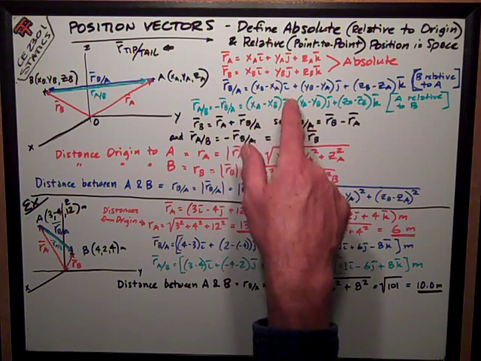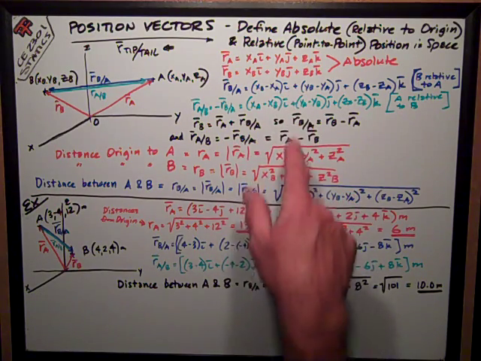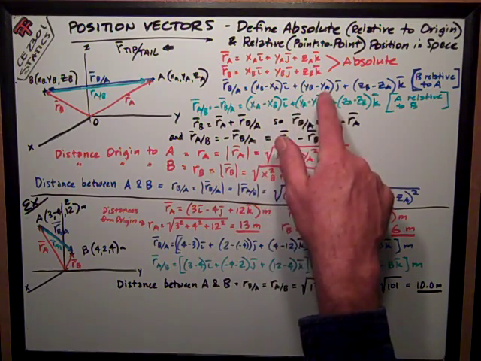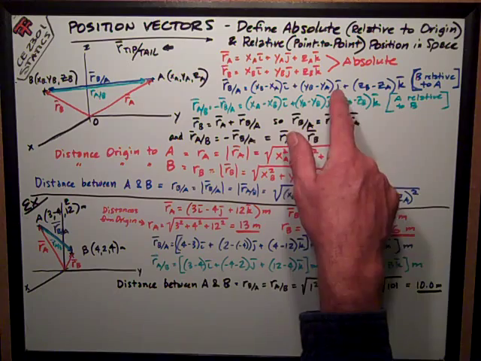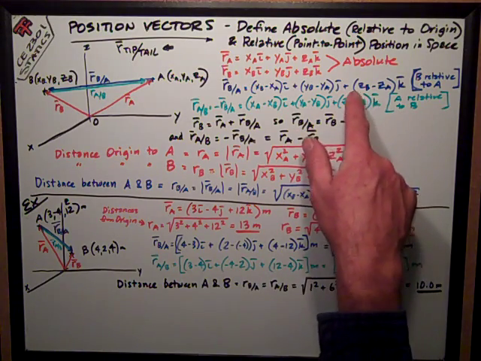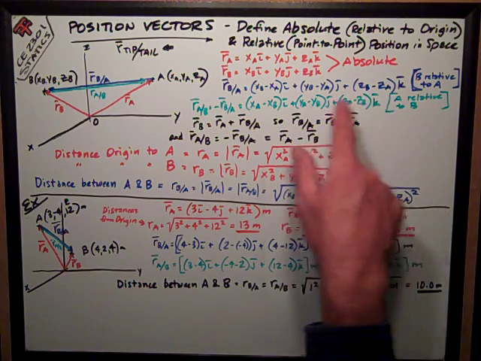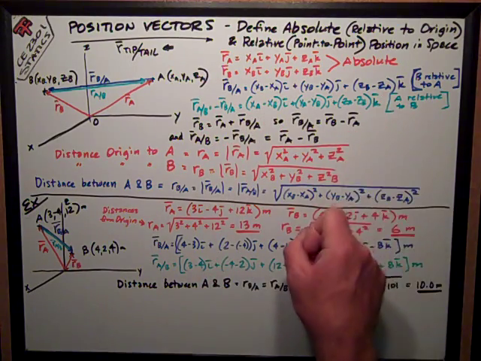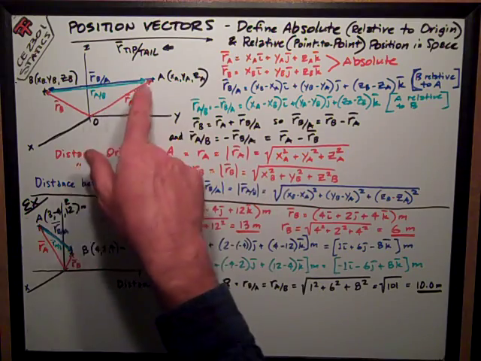That's the amount in the I direction, or the X direction. Similarly, YB minus YA in the J direction, plus ZB minus ZA. It's tip minus the tail coordinates. That gives me B relative to A.